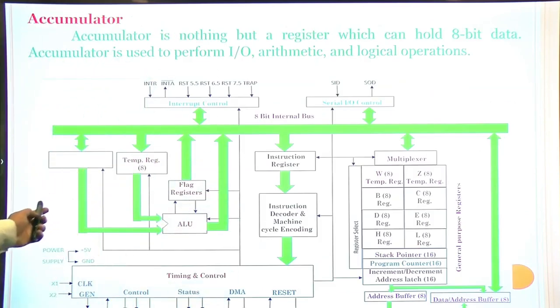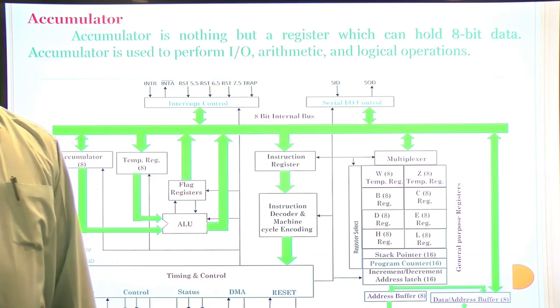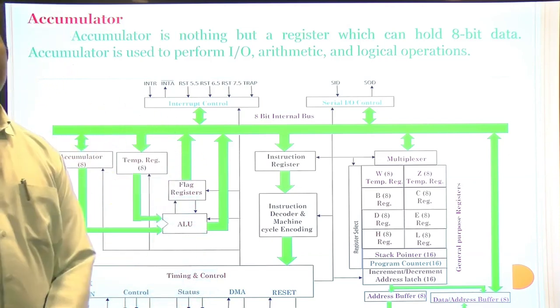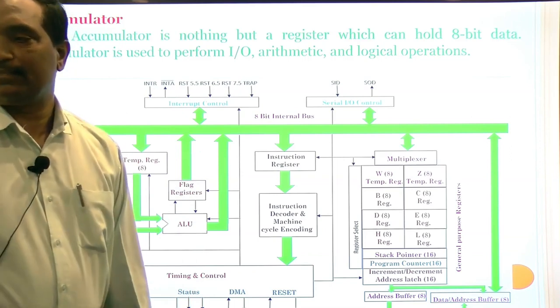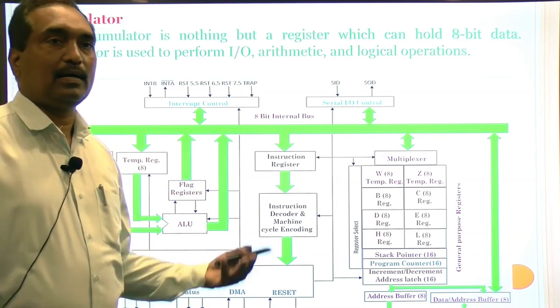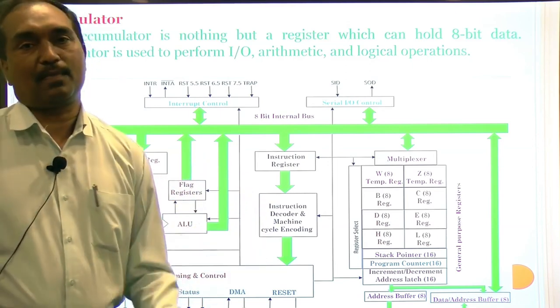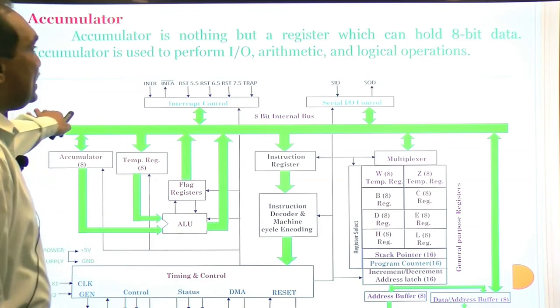The first one is called the accumulator. This is the accumulator, where 8 shows the 8-bit. It is an 8-bit register. We know there are different registers we discussed at various levels. These registers are made with flip-flops. So here the accumulator is placed.